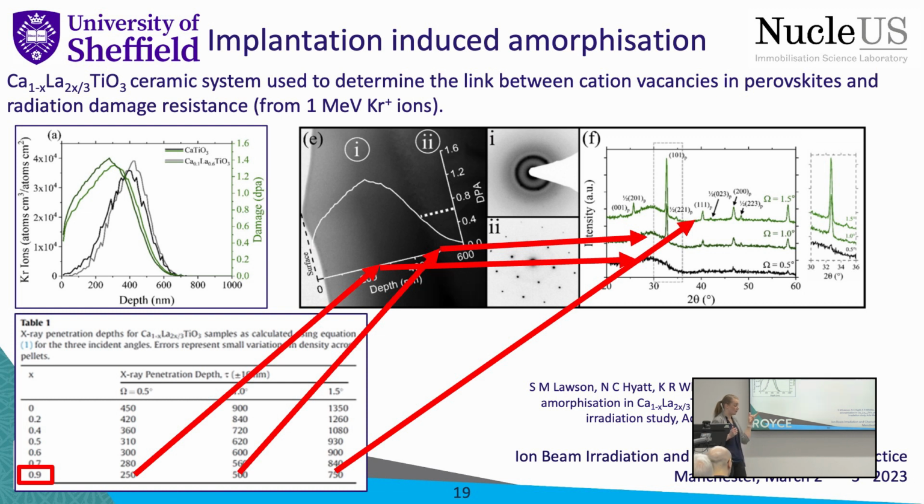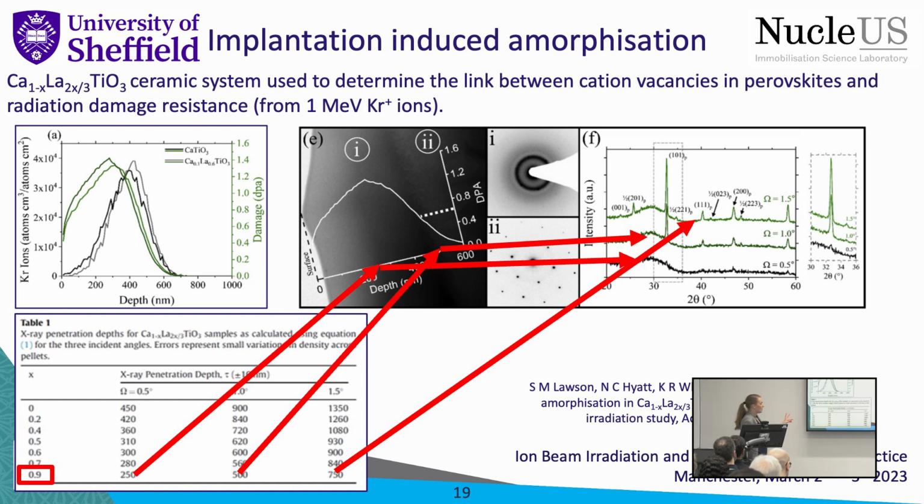Because of the differences between calcium and lanthanum, that introduced lattice vacancies, as well as introducing some cation disorder. You had lanthanum sitting on a site that should have been for calcium, for example. He implanted them with krypton and gold. I'm just going to show you the results from the 1 MeV krypton implantation.